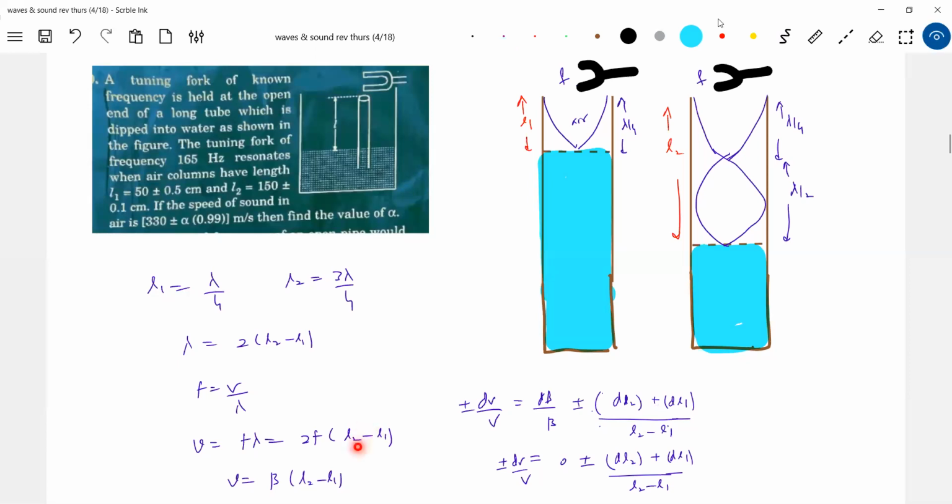Take this as one quantity. Then it's a fraction, so the error has to be found out. Say dL by L. If you're getting confused with the symbol, write this equal to some L. Then dv by v equals dL by L. So what is dL? dL2 plus dL1. And what is L in the denominator? L2 minus L1.